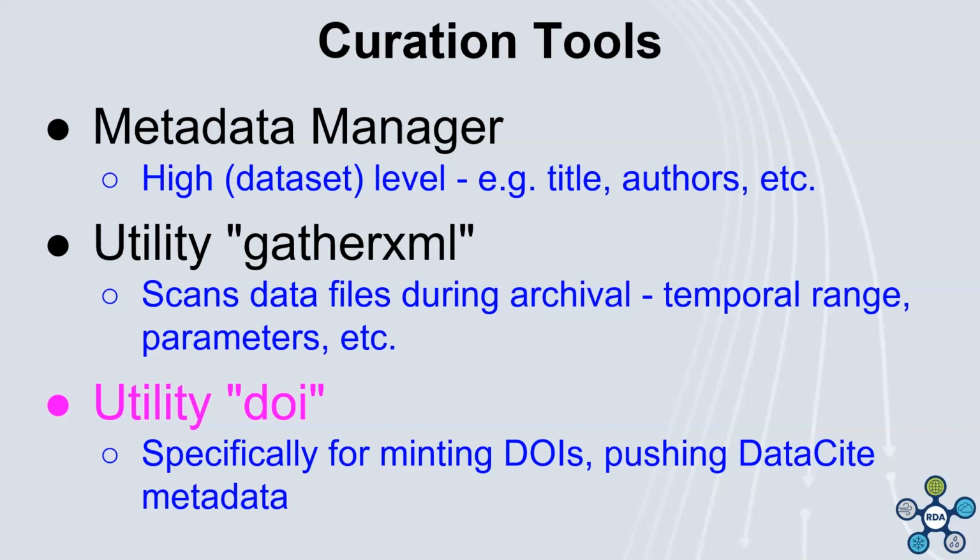And so we can pull out things like temporal range and parameters. And then the third utility that's important here is this DOI utility. That's what specifically mints DOIs through DataCite and then pushes metadata up to DataCite for the data set.